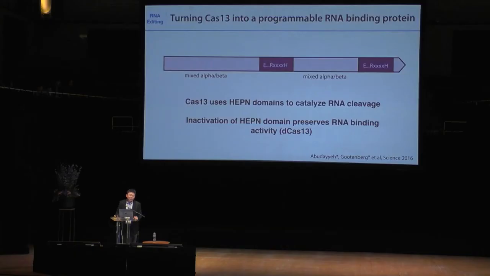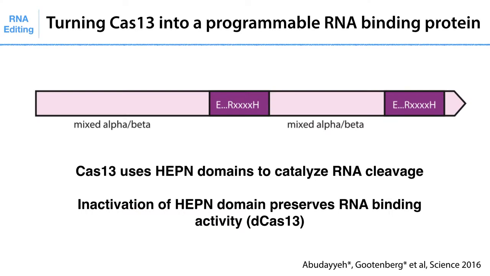So the way to do this is we alter this Cas13 molecule very much like what we have done with Cas9. You can introduce mutations into the regions of that Cas13 molecule that's responsible for cleaving RNA to inactivate it so that it simply binds to RNA.